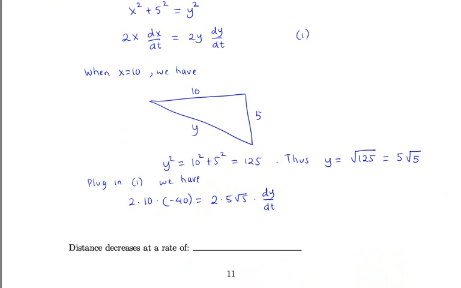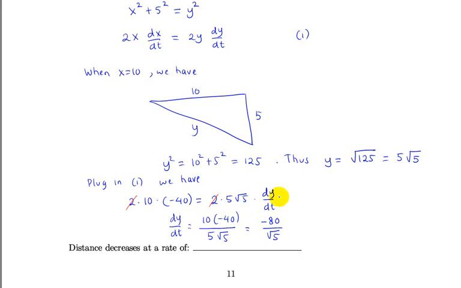We can simplify a little bit, cancel the 2. Solving for dy over dt, we have 10 times negative 40 divided by 5 square root of 5. 10 over 5 is 2, so negative 80 over square root of 5.